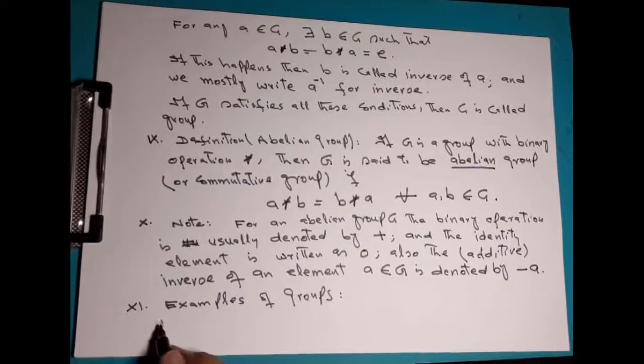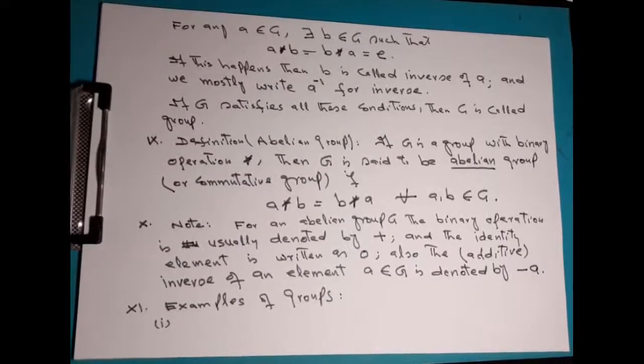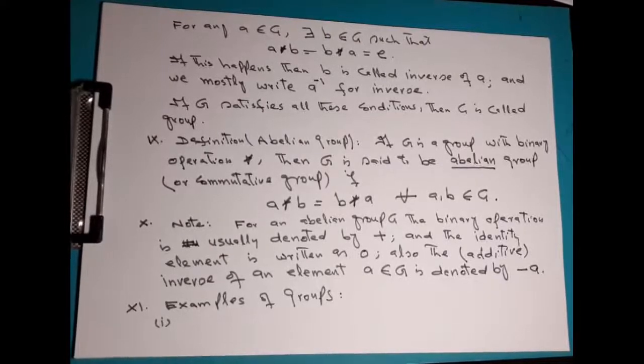The first, the simplest example is R, the set of real numbers, is a group under addition. Z, the set of integers, is a group under addition. Q, the set of rational numbers, is a group under addition.